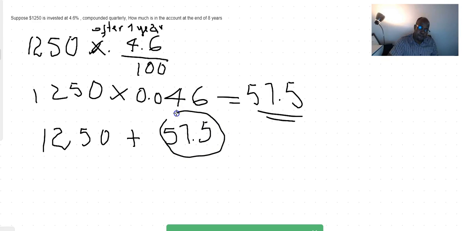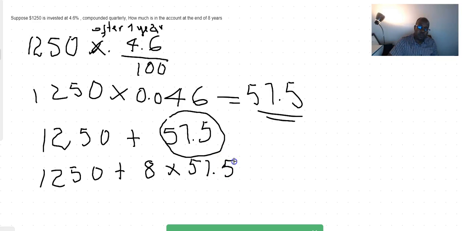So it's easy: if I want to know the capital after 8 years, it's gonna be 1,250 plus 8 times the interest. That's what I'm gonna have.